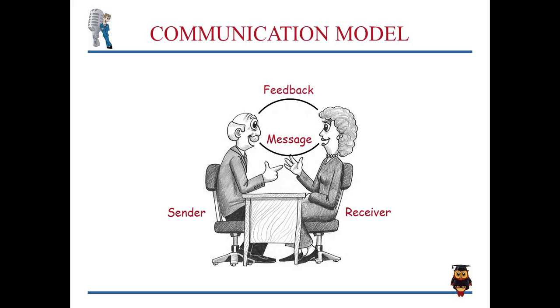Now it's important that the sender at this point picks up on that feedback, and important that it's interpreted correctly. So basically what the sender is trying to do once they receive the feedback is ensure that the message sent was the message received. So these are the 4 cornerstones, I'll call them.